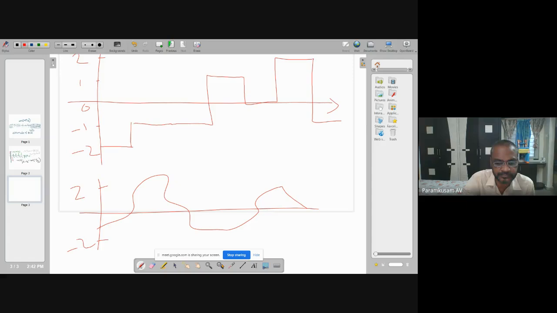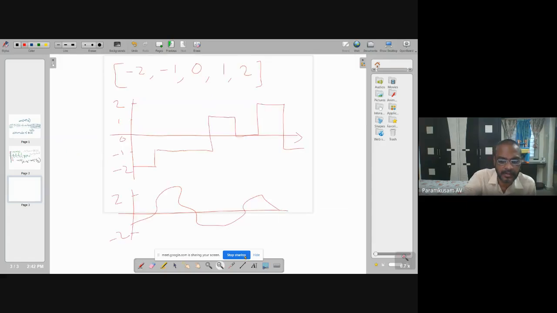Here, the analog signal at any instant of time, if I look at a value, that value lies between -2 to +2. It can be any value between -2 and +2. There is no chance of it being only -2, -2.1, -1.9, -1.2, or 0.2 exclusively.